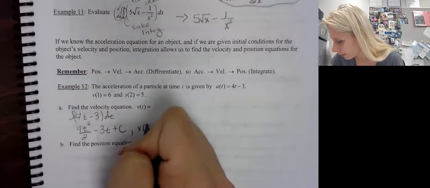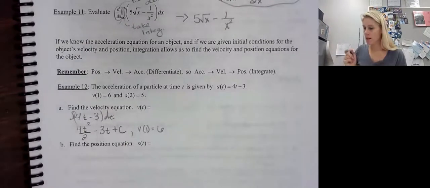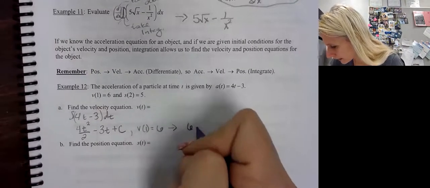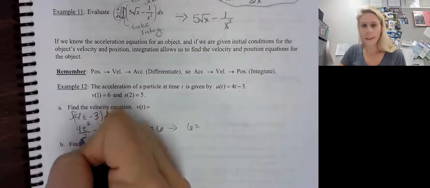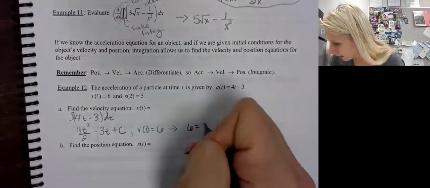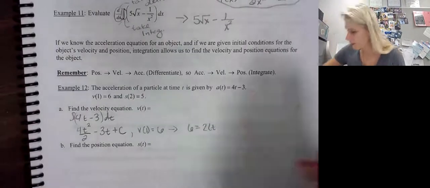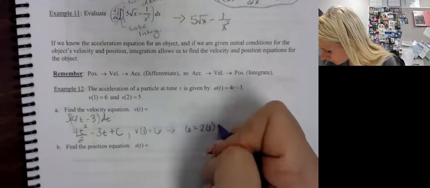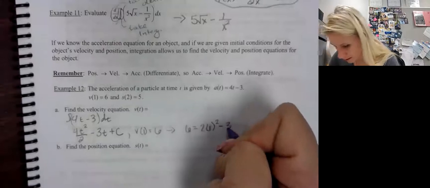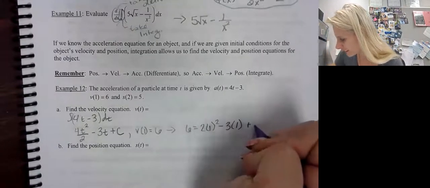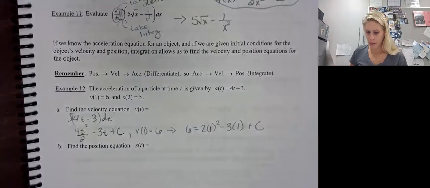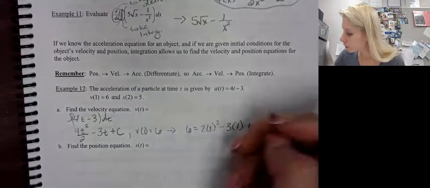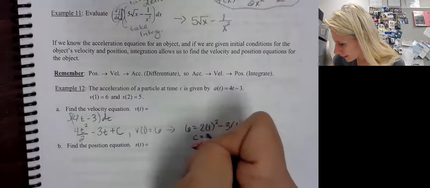All right, now we're actually going to use v of 1 equals 6. So that tells us that 6 equals, now I'm going to reduce this as I write this because this is 2t squared, but t is 1. Minus 3 times 1 plus c. Now, when you solve for c, we get -1, but we have to add it. So c equals 7.